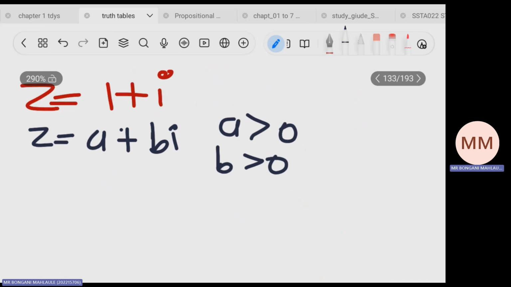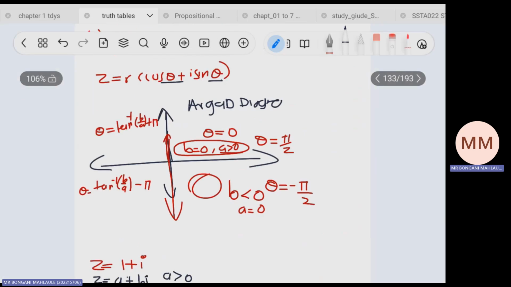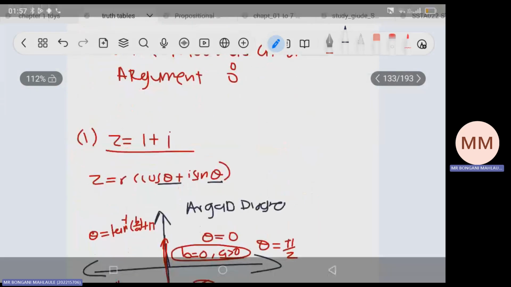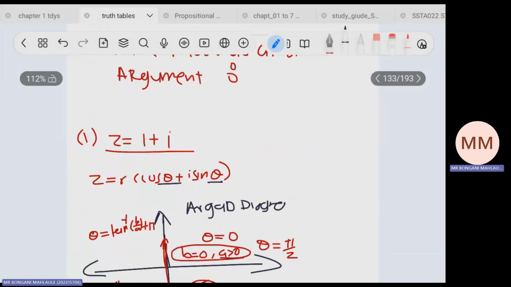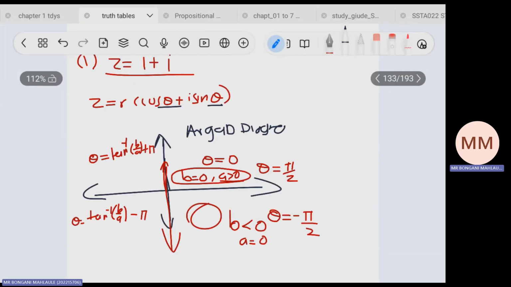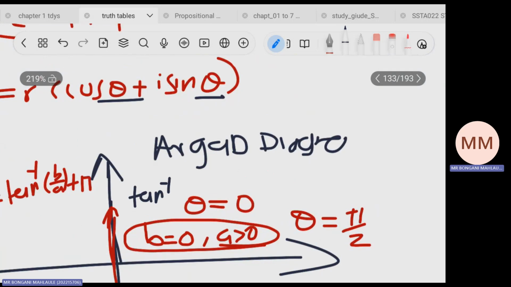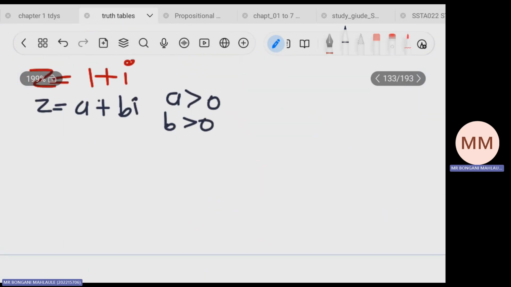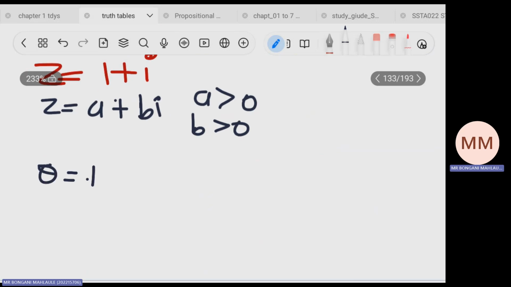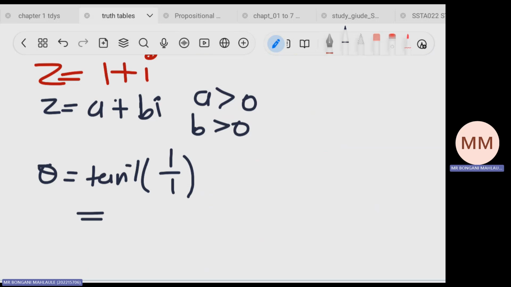So this is on the first quadrant. On the Argand diagram, on the first quadrant, you'll just have arctan of b over a. So theta will be arctan of 1 over 1. Then let me see what you'll get. So we'll get pi over 4.